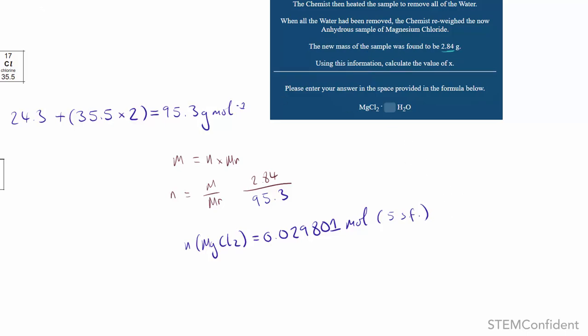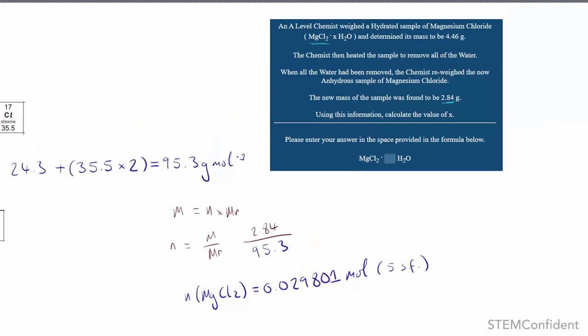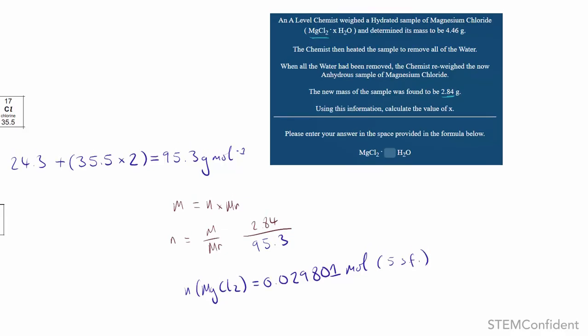Okay, so now we need to work out the number of moles for the H2O, right? We don't actually have a mass for the H2O, but we can arithmetically work out what the mass is going to be. All we need to do is take the mass of the hydrated sample and subtract the mass of the dehydrated sample.